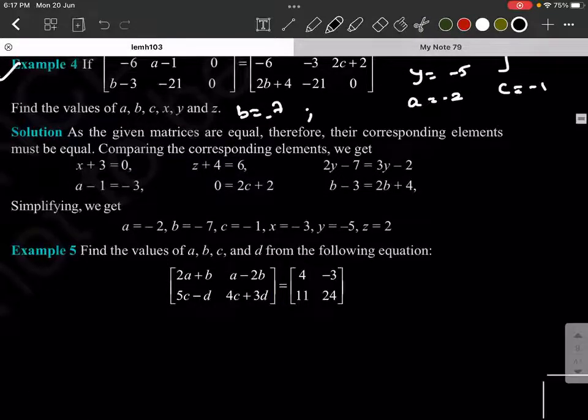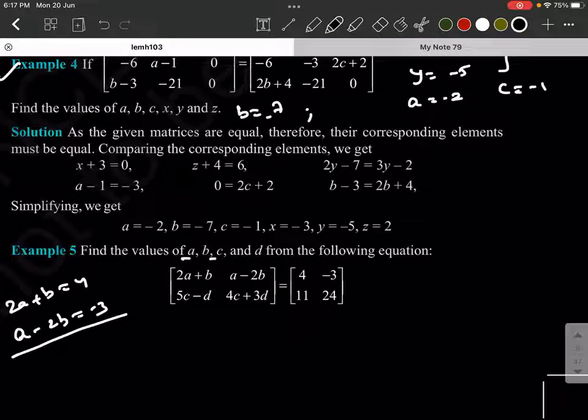Find the values of a and b, and then a, b, c, and d, from the following equations. So 2a plus b is 4, a minus 2b is minus 3. Then we'll multiply this with 2, then it becomes minus 6.